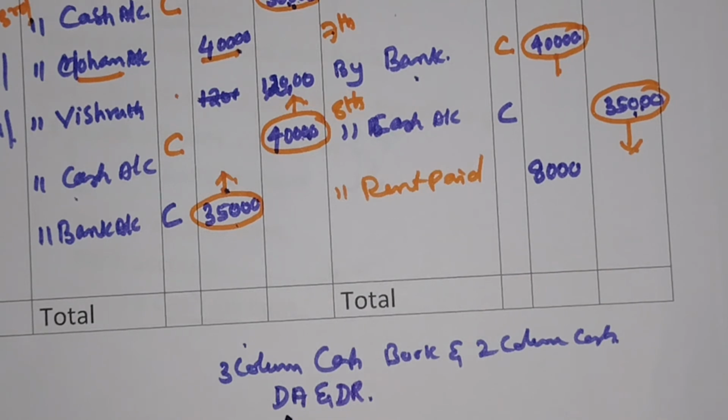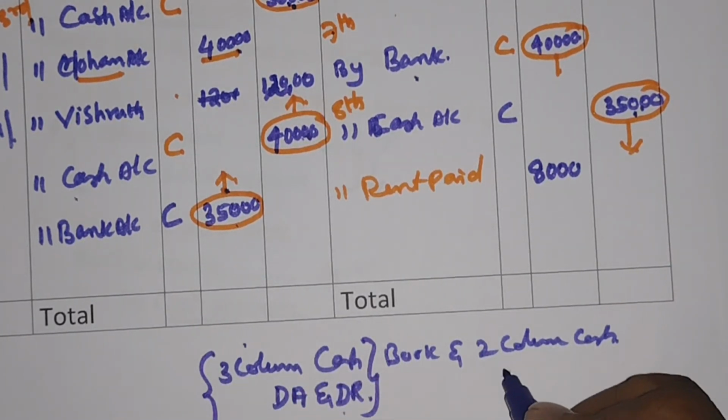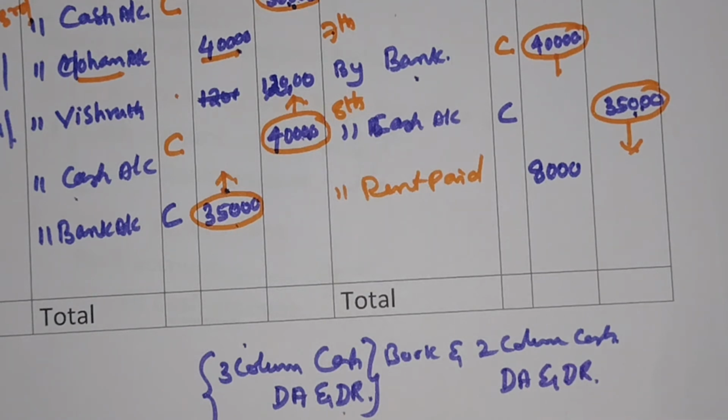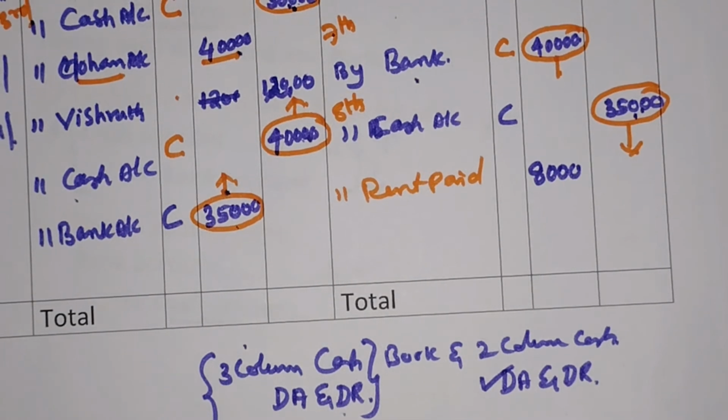One extra column will be taken on the debit side and credit side, therefore it is called the 3-column. In case discount allowed and discount received is not entered, then it is called the 2-column cash book. That's it. And the remaining working concept is the same.